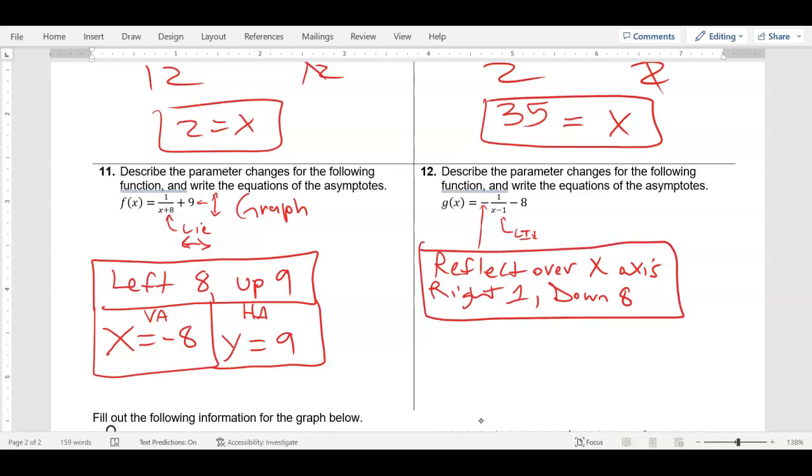All right, and then vertical and horizontal asymptotes. The vertical asymptote, remember, the insider lies, so negative 1 is going to be x equals positive 1. And the horizontal is going to be y equals negative 8.